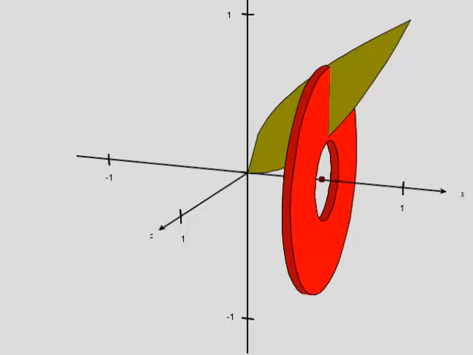If we were interested in finding this area, we could take the area of the big circle and subtract off the area of the little circle, and we would have the area of the washer, and then if we multiplied it by the little thickness, we would have the volume of that slice.